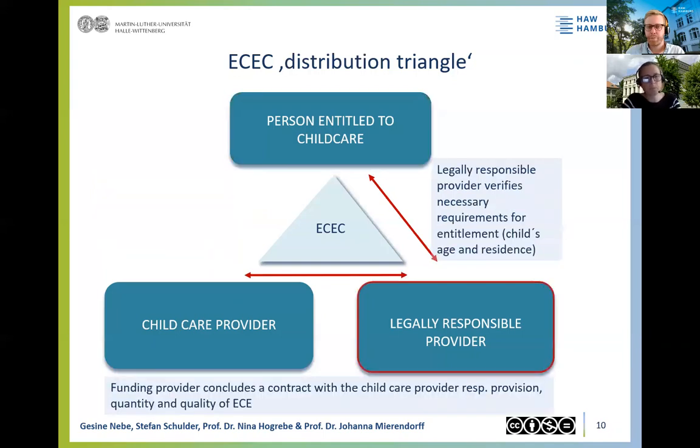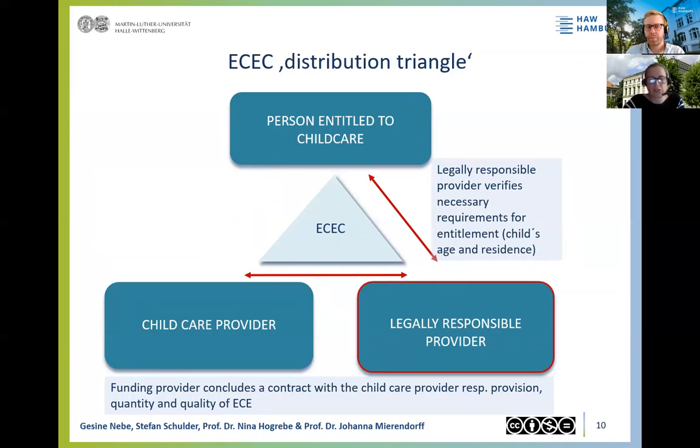The legally responsible provider, on the one hand, verifies necessary requirements regarding a child's entitlement to childcare, which in fact means checking birth dates as well as the permanent residence, usually drawing on resident registers.